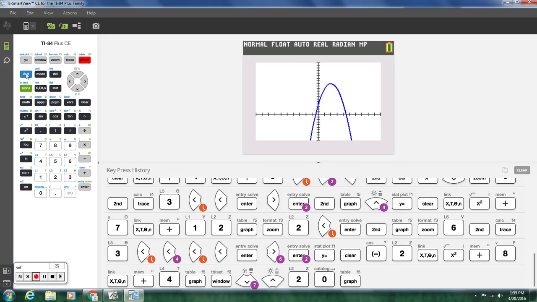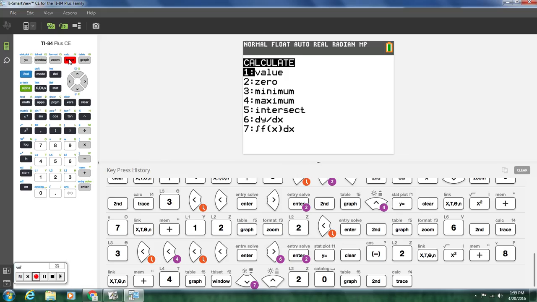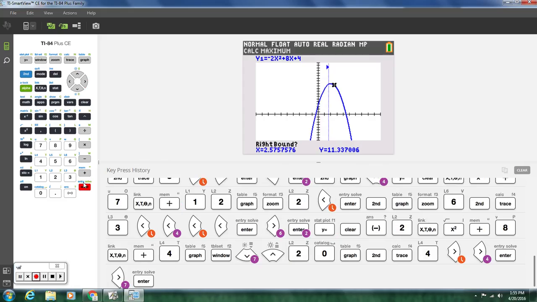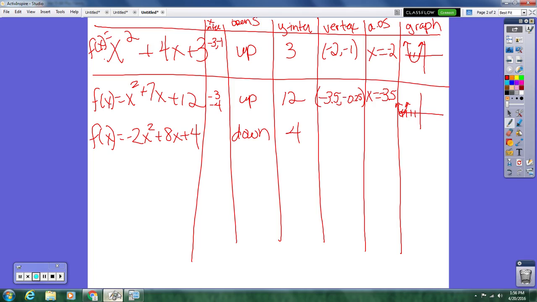So when we calculate that vertex, the second calculate, it's a maximum this time. You're still going to the left and the right. What is that? 1.99999 round to? 2. So that's 2, 12. So my vertex is 2, 12.